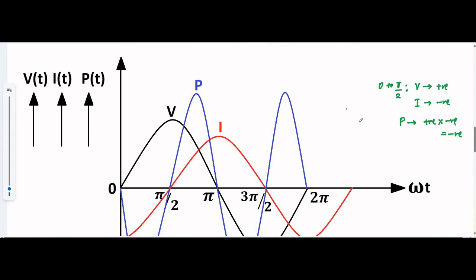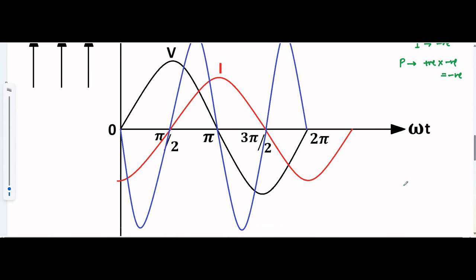Then from pi by 2 to pi. Let me write here also so that there is no confusion. This is positive, this is negative, that's why the product of positive and negative is negative.